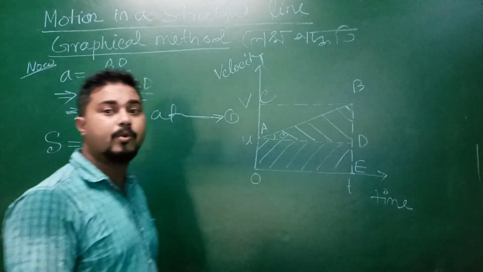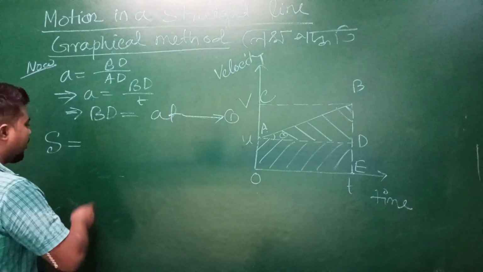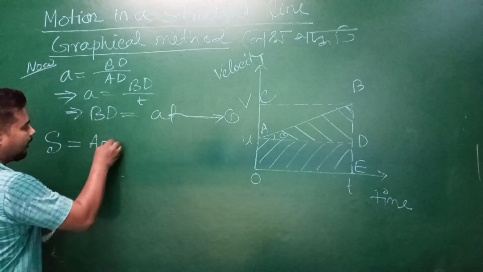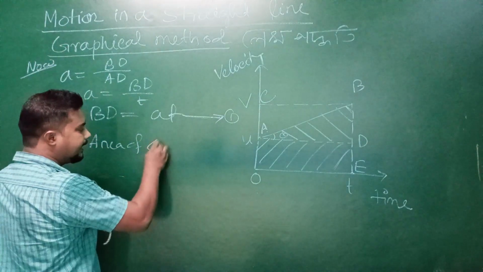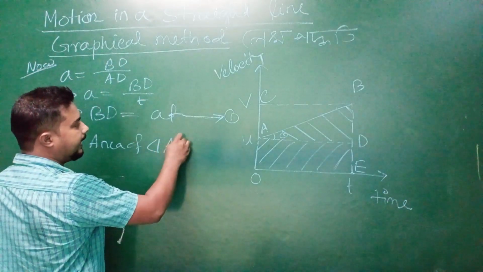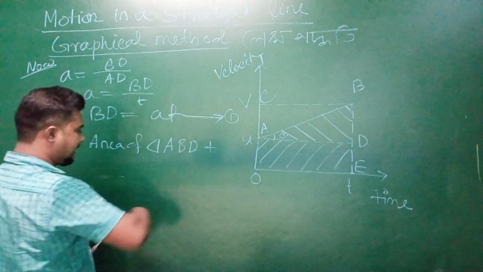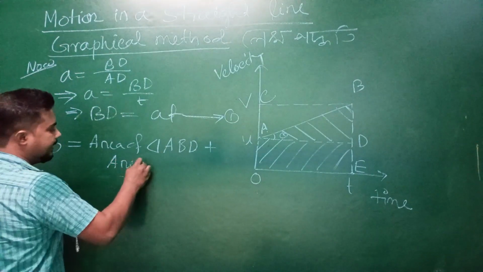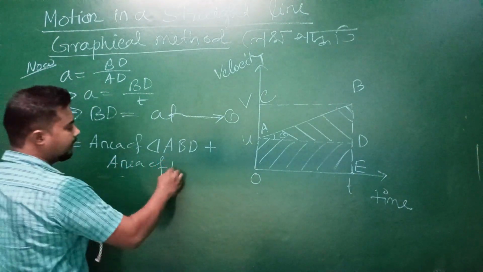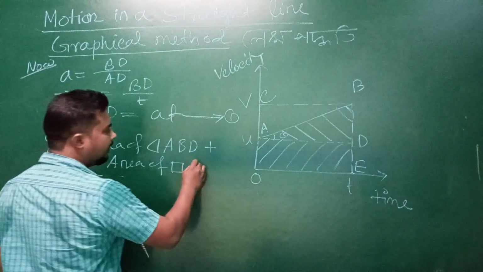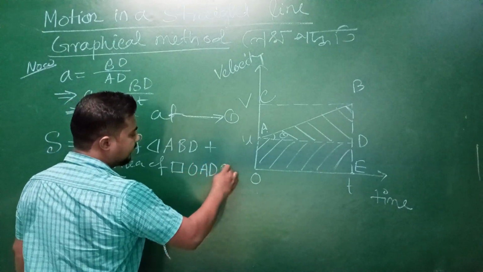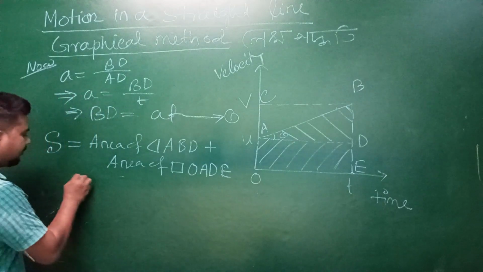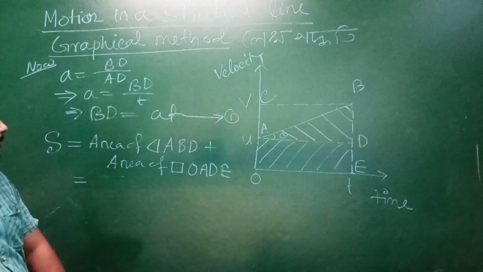So we can write it as area of the triangle ABD plus area of the rectangle OADE. Okay, now we try to write the expression for them.